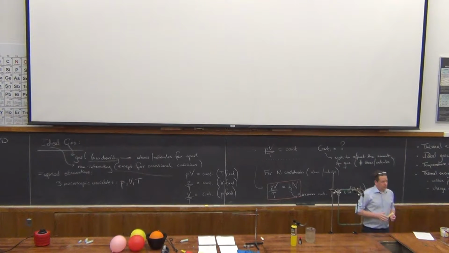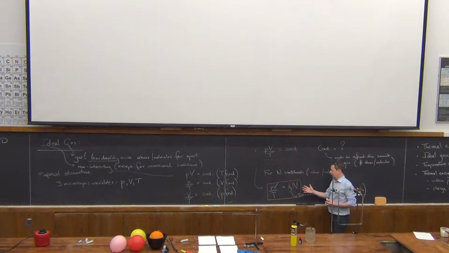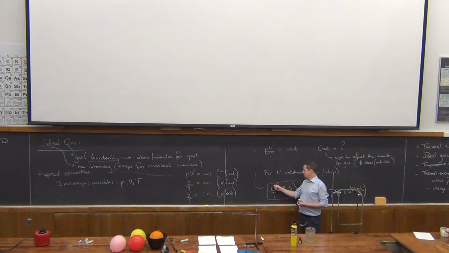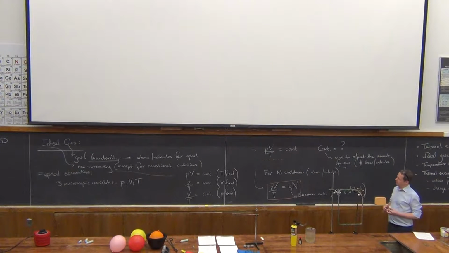Okay? So let me pause for a moment, just sort of give you a sense of what sort of things we might be doing. If we're given a volume of gas and we know how many fundamental constituents it contains, namely N, we've got now a newly defined constant. That means we can look at these three macroscopic parameters. We can tune them, change them as ever we wish, and we can easily figure out how the system responds.